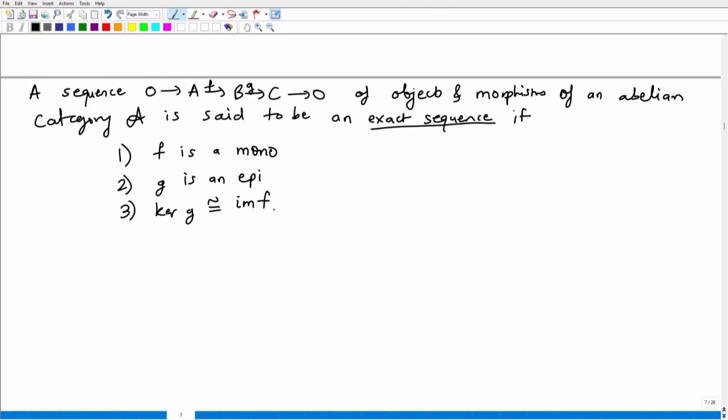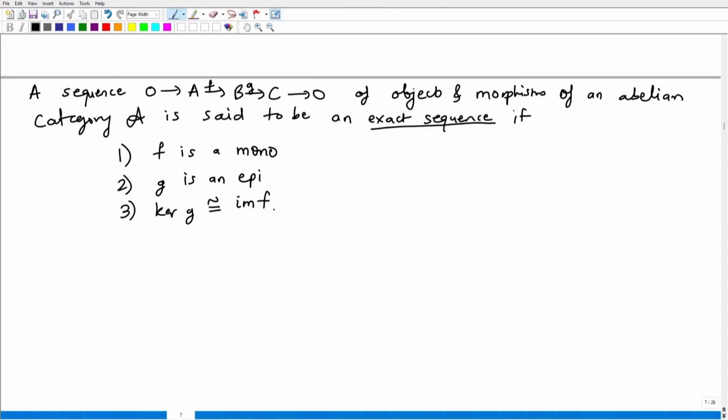Whole of C. So in both cases, it is the identity on C, so again that is isomorphic. So at every internal node A, B and C, the kernel of the next morphism is isomorphic to the image of the previous morphism. Obviously, we can't check it at 0 objects. Later on in the next lecture, we'll see the notion of a chain complex and a long exact sequence, where we'll extend this on both sides to infinity.